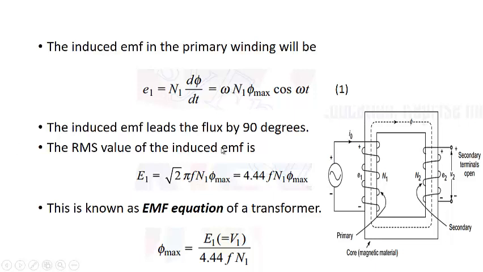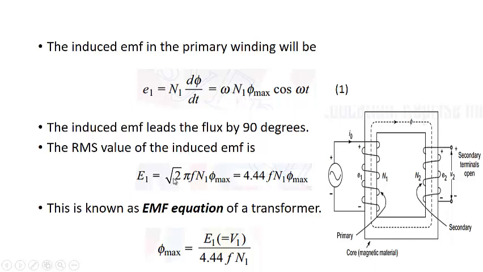Now the RMS value of the induced EMF. This E1 is the instantaneous value of the induced EMF, and this will be its maximum value. Its RMS value will be this maximum value divided by root 2. So the maximum value is equal to 2 pi f N1 phi max. When you divide it by root 2, this 2 will be converted to root 2.